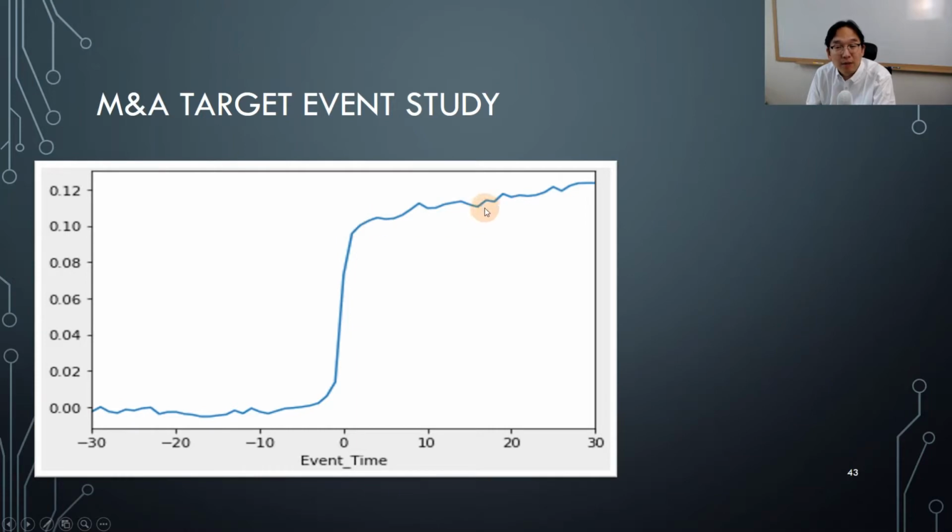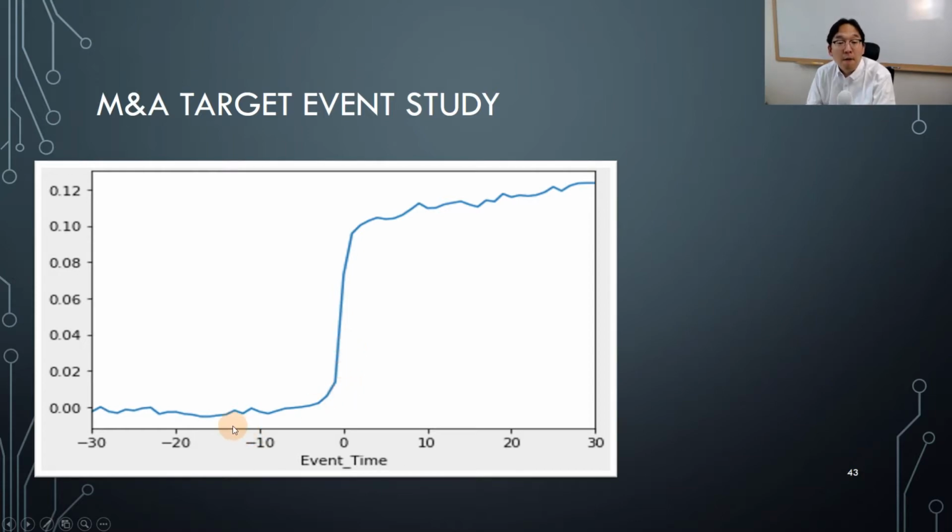So the price doesn't reach the target level immediately, but it slowly goes up, right? But semi-strong form market efficiency is pretty much confirmed over here. On the day of the announcement, the price response happens instantaneously, just like the event of Yahoo being taken over by Microsoft in 2008, right?